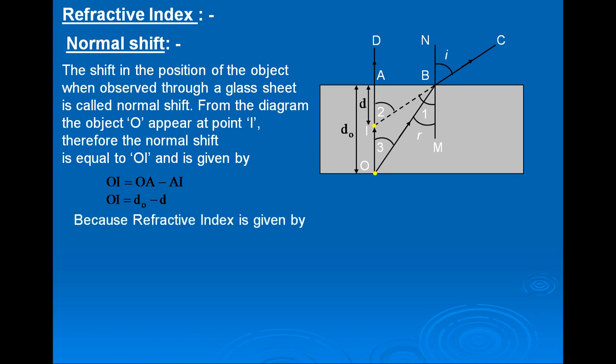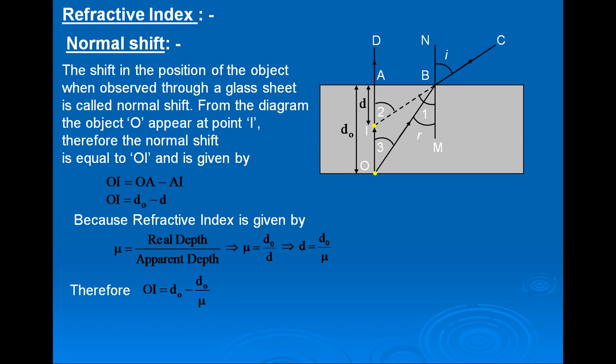Now because refractive index is given by mu is equal to real depth upon apparent depth, mu is equal to d naught upon d, or d is equal to d naught upon mu. Therefore, OI is equal to d naught minus d naught upon mu.